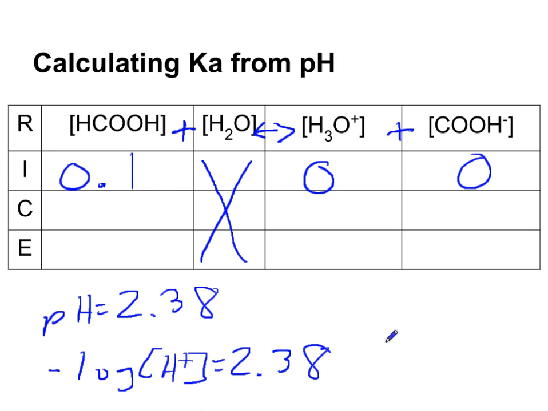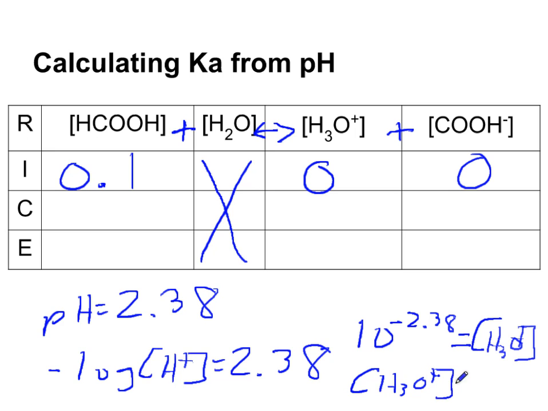There's a button on your calculator that says 10 to the x. Well, we're going to do 10 to the negative 2.38. That's the antilog of that pH to find the equilibrium hydronium concentration. And 10 to the negative 2.38 power, our hydronium concentration at equilibrium is 0.004.